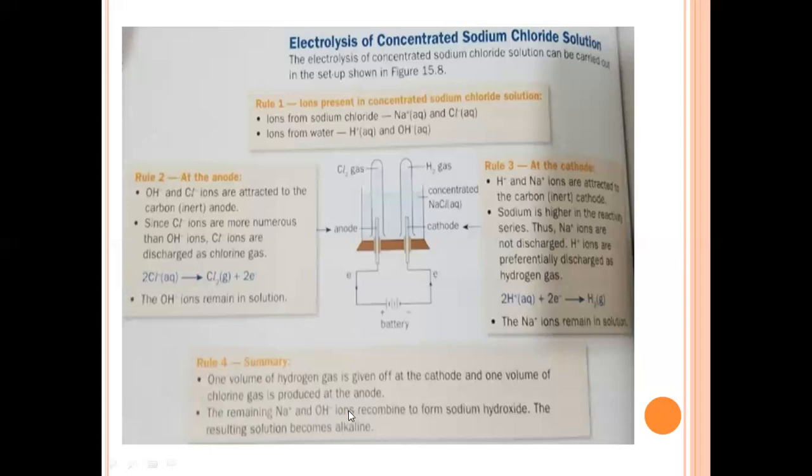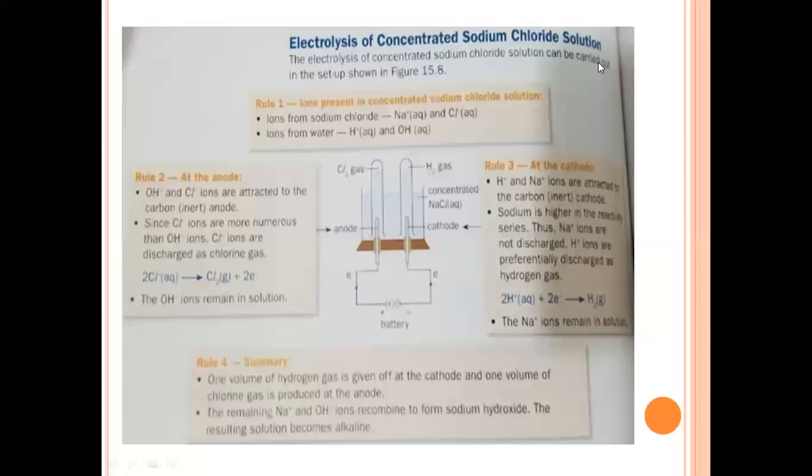Both are oppositely charged ions, so they attract each other and form a new compound, which is sodium hydroxide. So the resulting solution becomes alkaline, because chlorine and hydrogen gas are evolved out and the remaining sodium hydroxide is present in our solution.